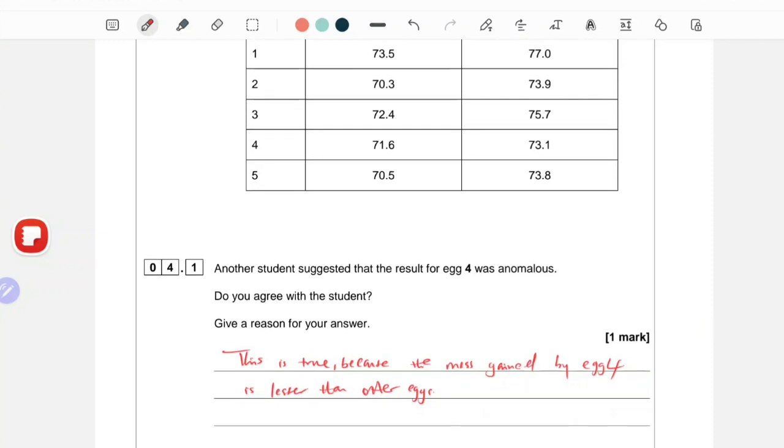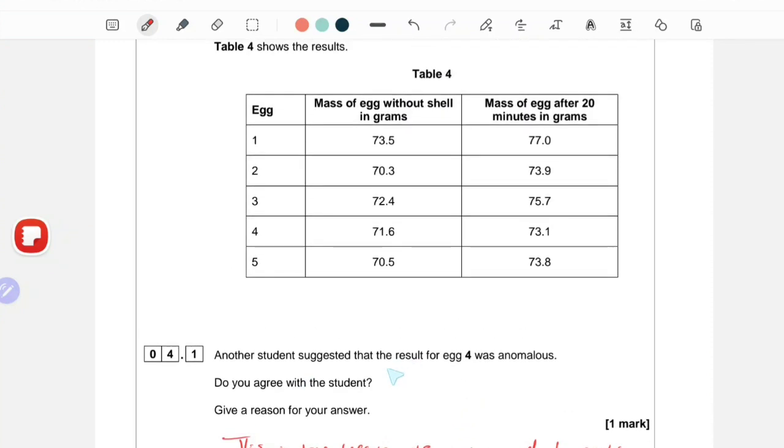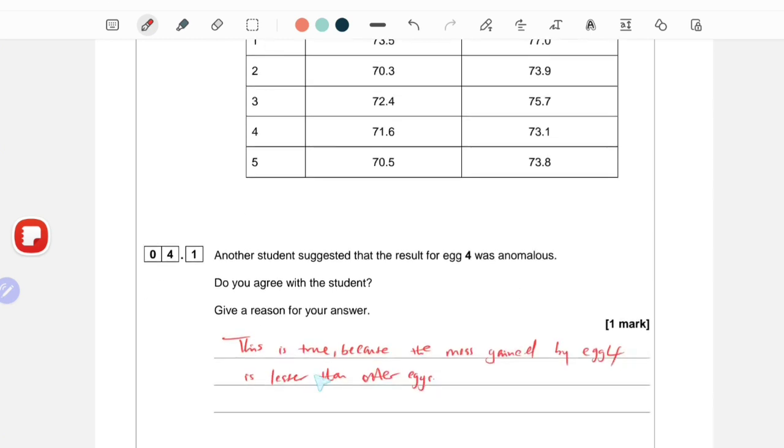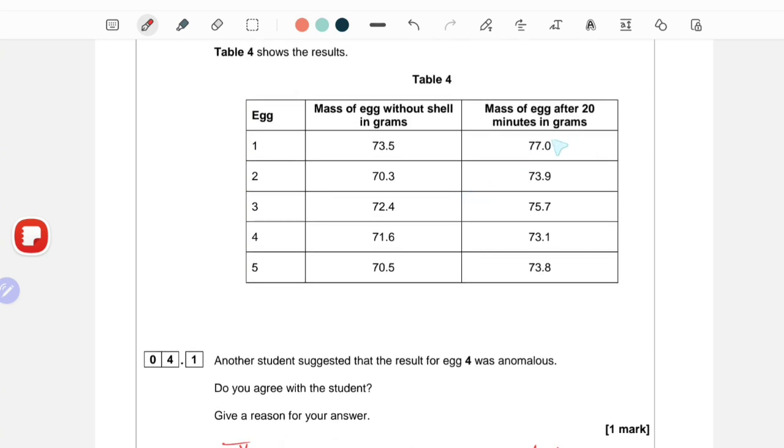It says here, another student suggested that the result for this was anomalous. Why do you think it is true, if you think it is true? Well, this is true because the mass gained by egg 4 is lesser than the others. Look at this and this and this and this.